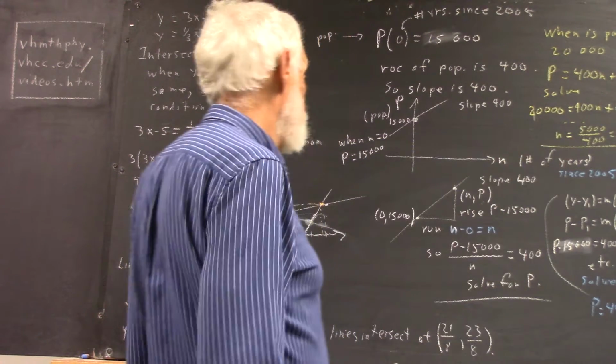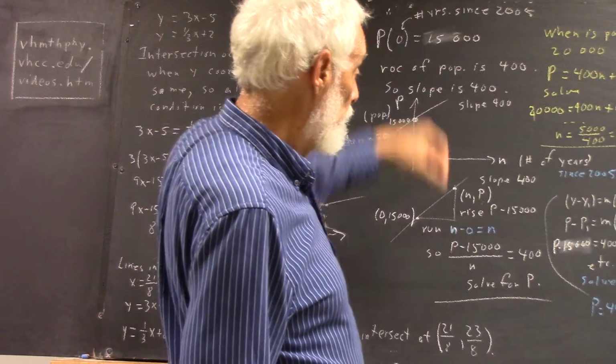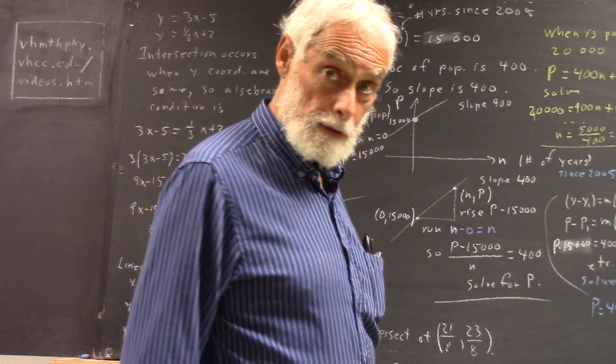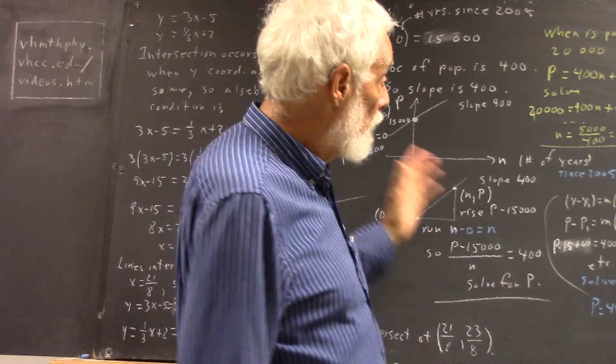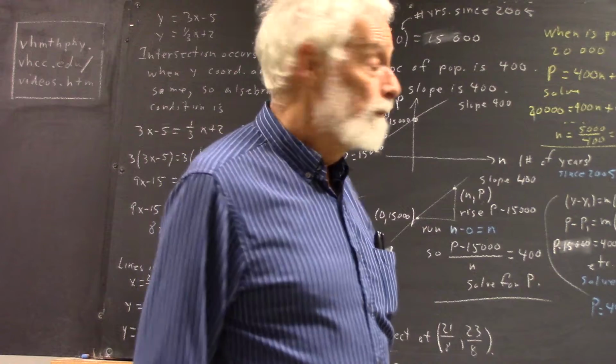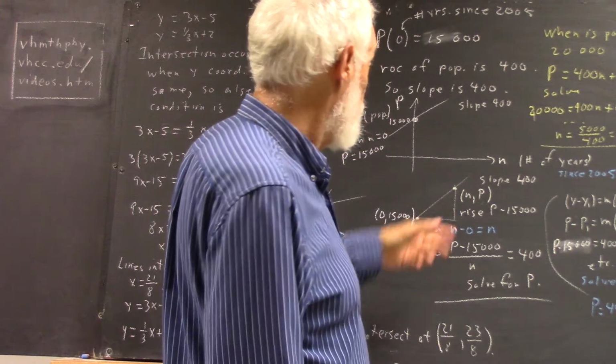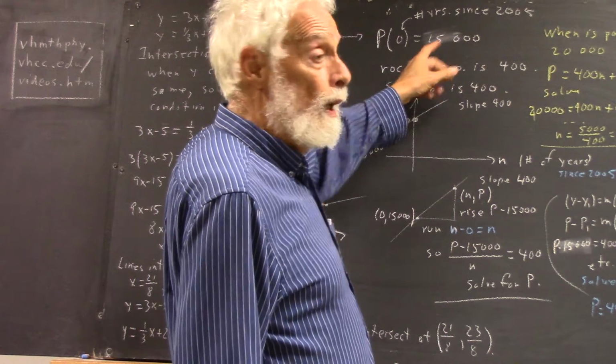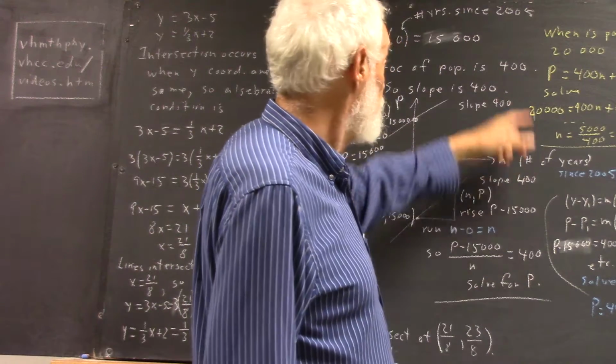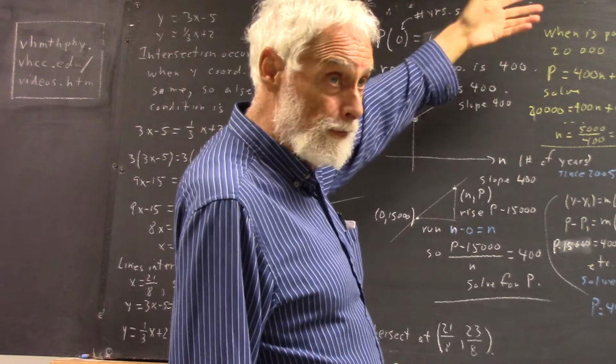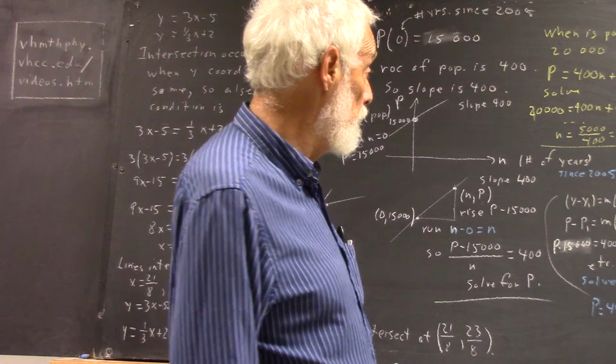Now, given the original information, we don't have to set up a linear equation. We don't have to solve a linear equation. If we want to know how long it takes to get to 20,000, we can just say, well, we add 5,000 at 400 per year, so let's divide 5,000 by 400 to get the number of years.